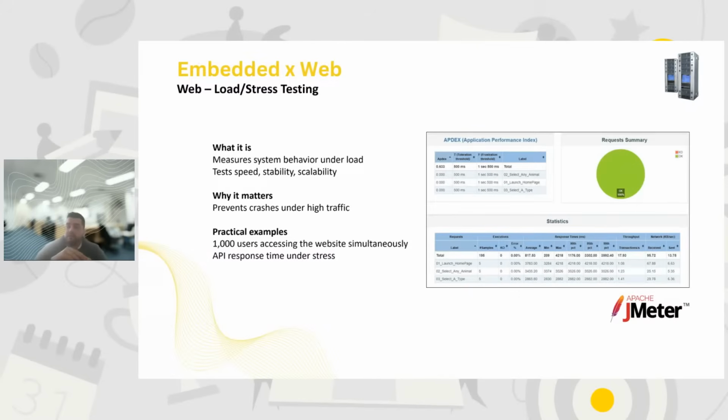We don't test with 1,000 users accessing, because normally it's accessed by 1-2 users or not a lot more, but we test some stress, for example, under hard situations, under vibration, under high temperature, and we can simulate a lot of different situations for embedded devices.